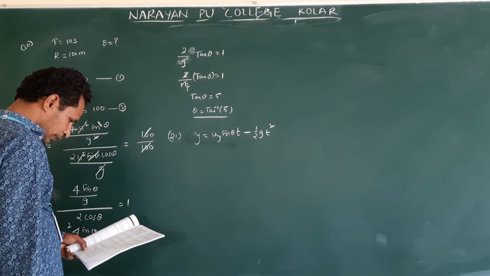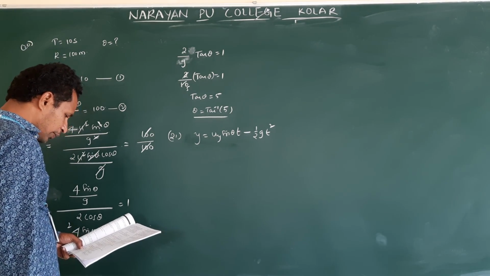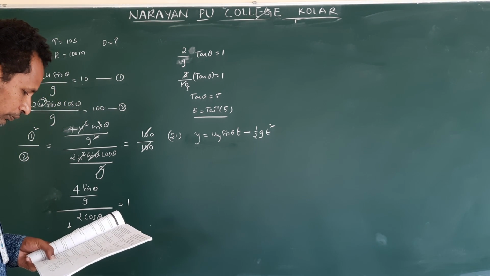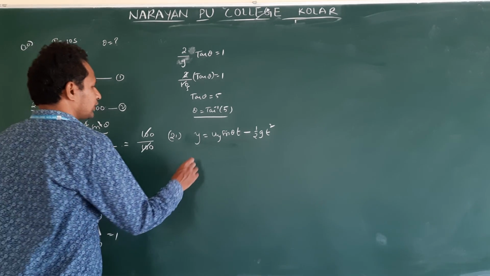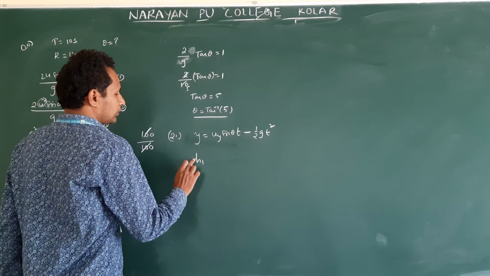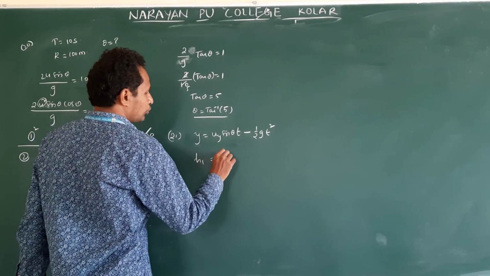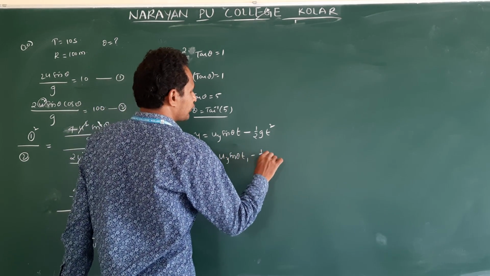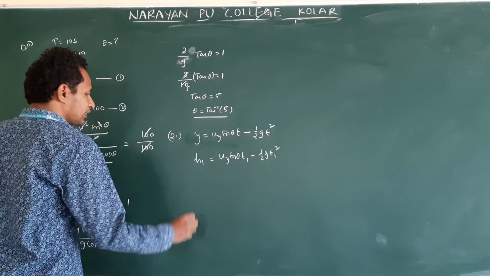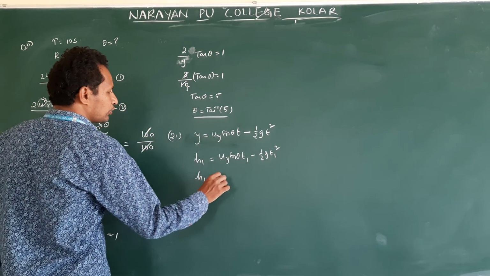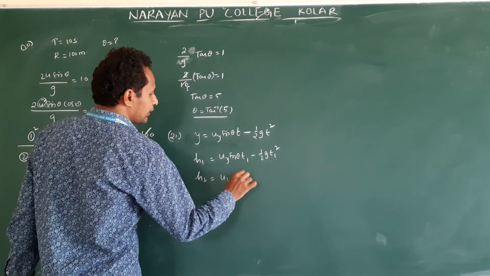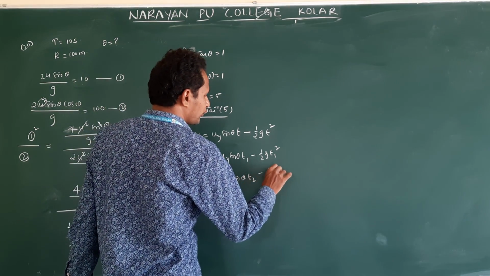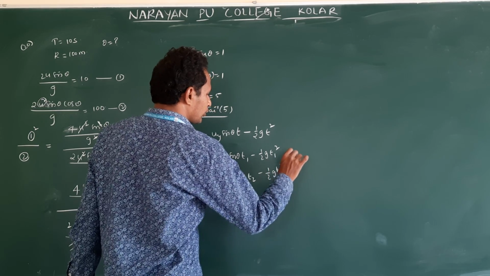Then they are asking the time of flight. Okay. For this, h1 is equal to u sin theta t1 minus half g t1 square. Next, h2 is equal to u sin theta t2 minus half g t2 square.